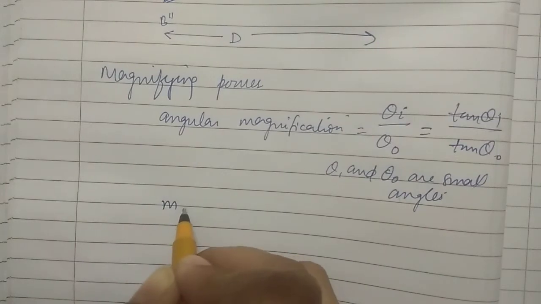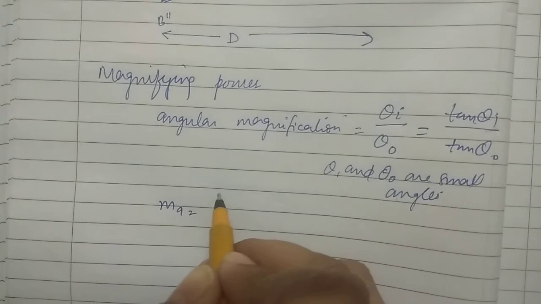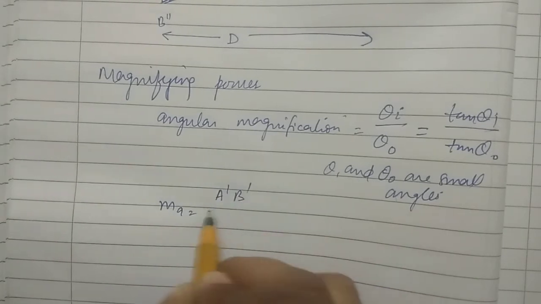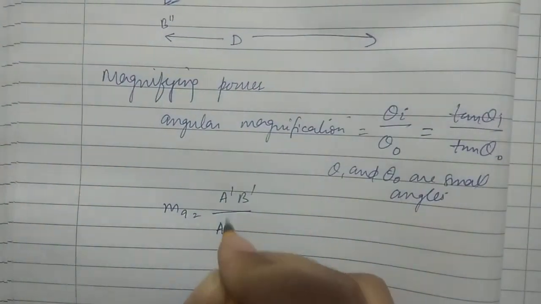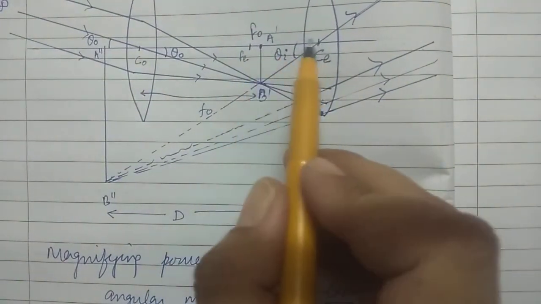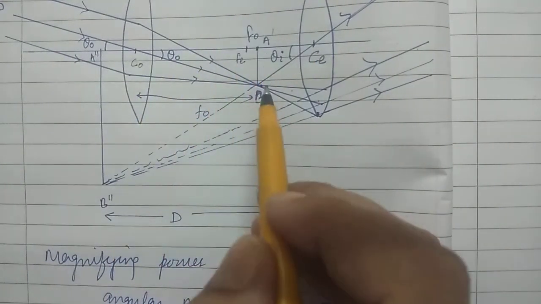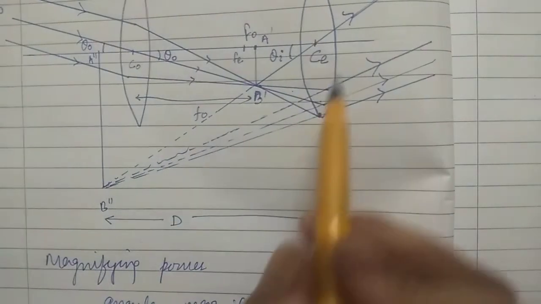So let us write perpendicular over base. So angular magnification is tan theta I. Tan theta I is perpendicular, perpendicular is A dash B dash, over base is A dash C e. So I have written A dash B dash over A dash C e, perpendicular over base. Similarly we can write tangent of theta naught.